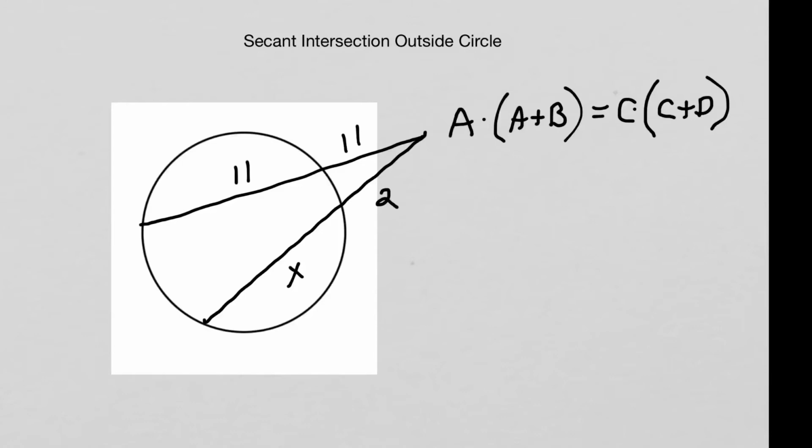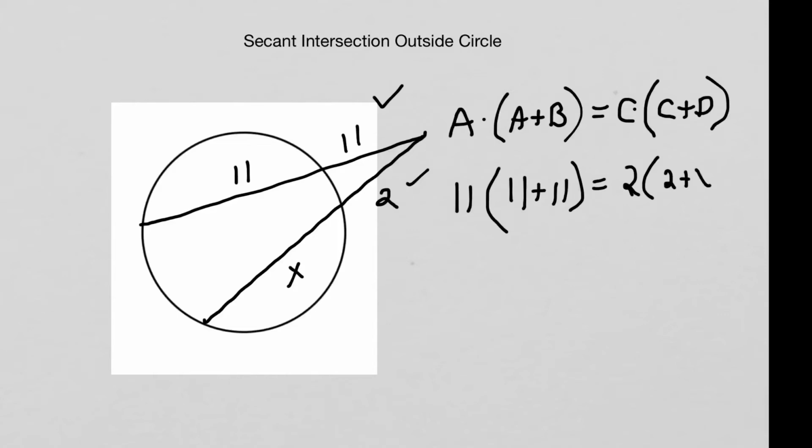So a is 11, that's the outer number, times (a plus b). A plus b is 11 plus 11. Equals c, which is 2, times (c plus d), which is 2 plus x.